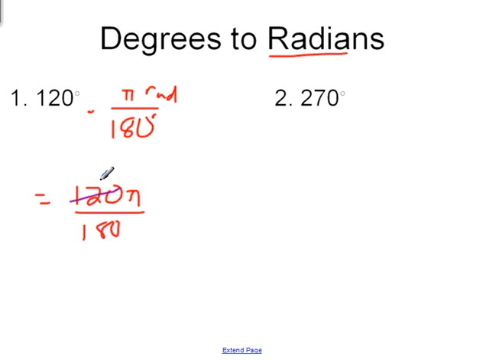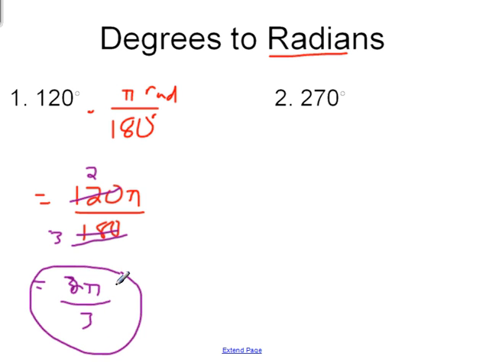Hopefully we've picked 60 as a common factor, because 60 goes into 120 twice, goes into 180 3 times, so you end up with 2 pi over 3. And then we will leave these answers in what's called terms of pi, meaning the pi just stays in the answer, you don't multiply it in, because that's a whole lot nicer than having some crazy decimal.